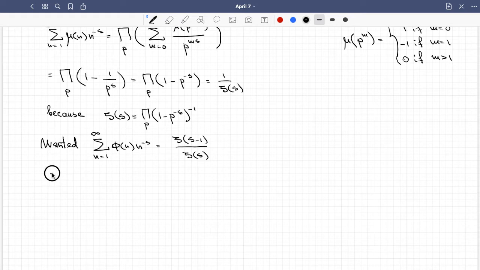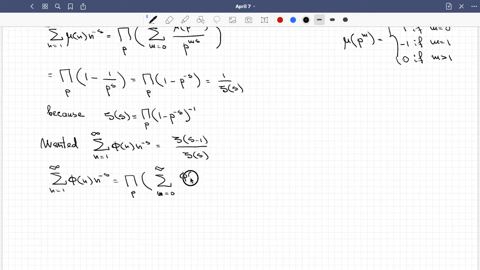Thus, we can write that the sum of phi of n to the negative s is equal to the product over all primes of the sum, m runs from 0 to infinity, phi of p to the m divided by p to the ms.